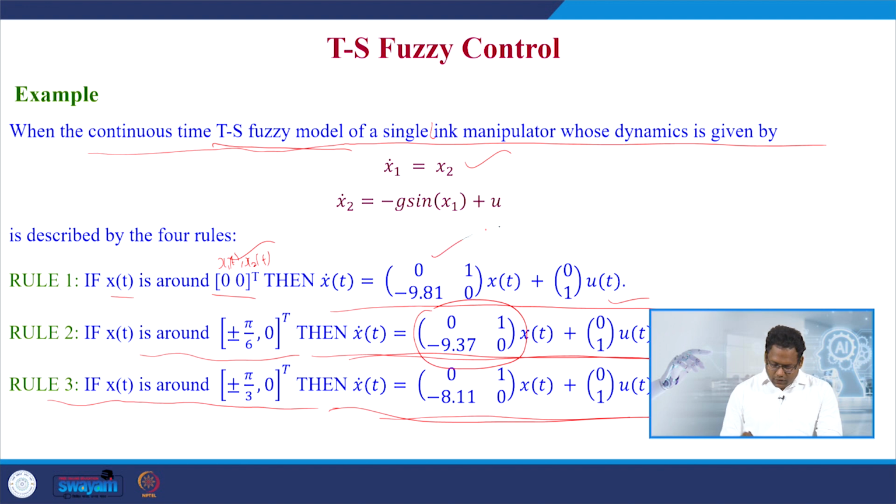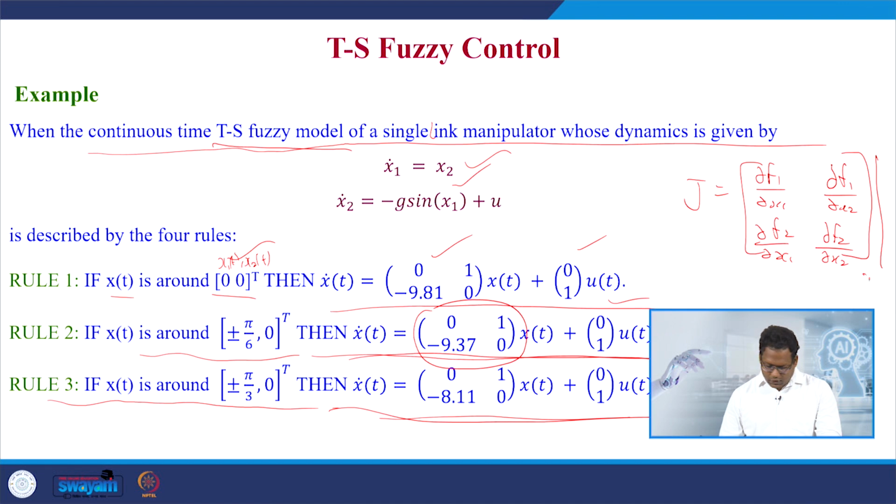And these matrices A and B are obtained by linearizing this given nonlinear system by finding the Jacobian matrix dou f1 by dou x1, dou f1 by dou x2, similarly dou f2 by dou x1 and dou f2 by dou x2, with the point x of t equal to 0 and 0 transpose.